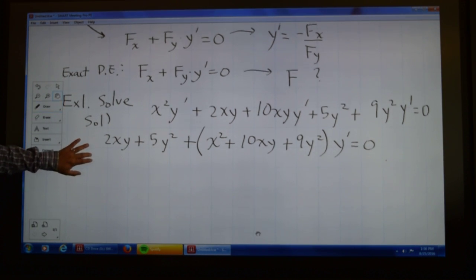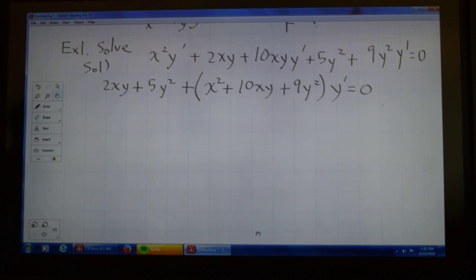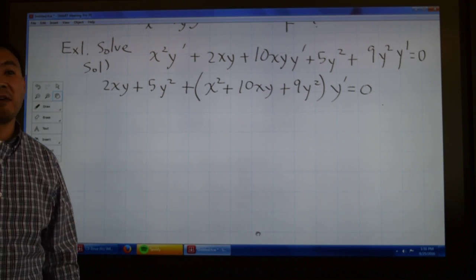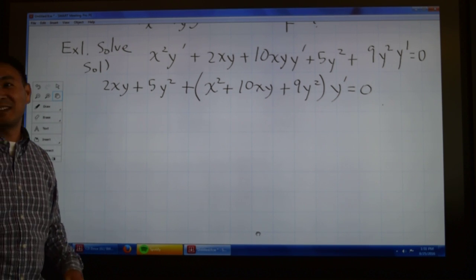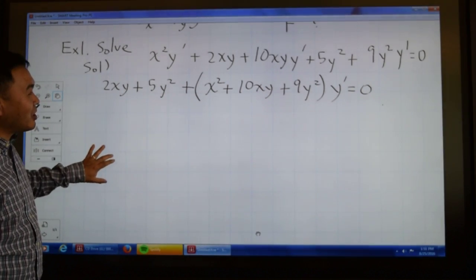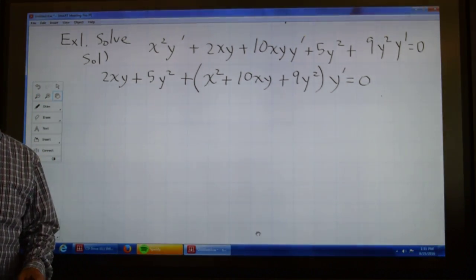Actually, we've solved questions like that in Calculus 3, multivariable calculus. Do you remember? When did we do such a thing? Nobody remembers. Somewhere is too long. All right, we learned that when we were trying to find the potential function of a gradient vector field.